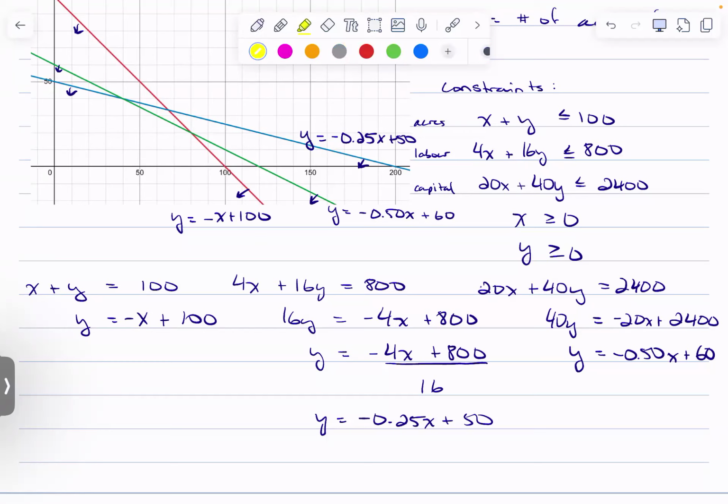But what we're going to find is that the feasible set is this area. X and Y still have to be greater than 0. And now I have to find these vertices.